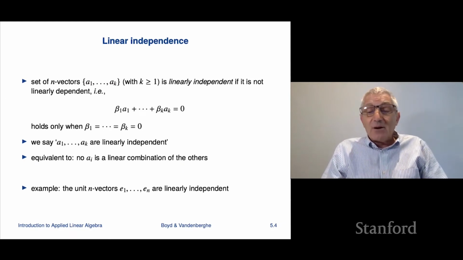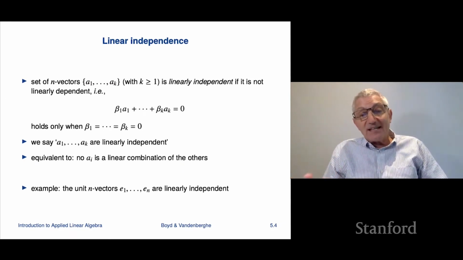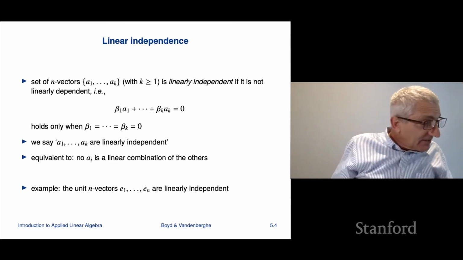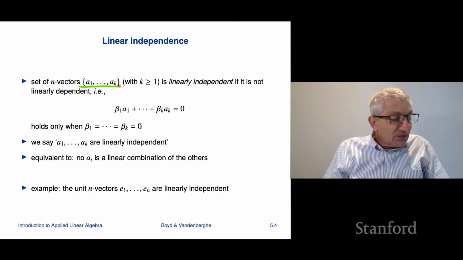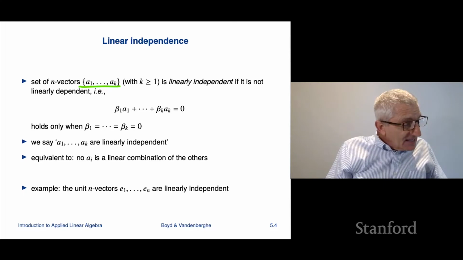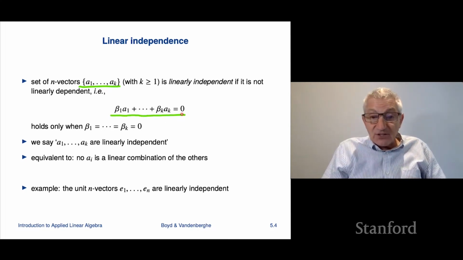Okay, now if a set of vectors is not linearly dependent, they are linearly independent. And that's actually the concept we really need: linear independence. A set of n vectors is linearly independent if it's not linearly dependent. What that means is this: if you have a linear combination of those vectors and you get 0, the only way to do that is if all the betas are 0.